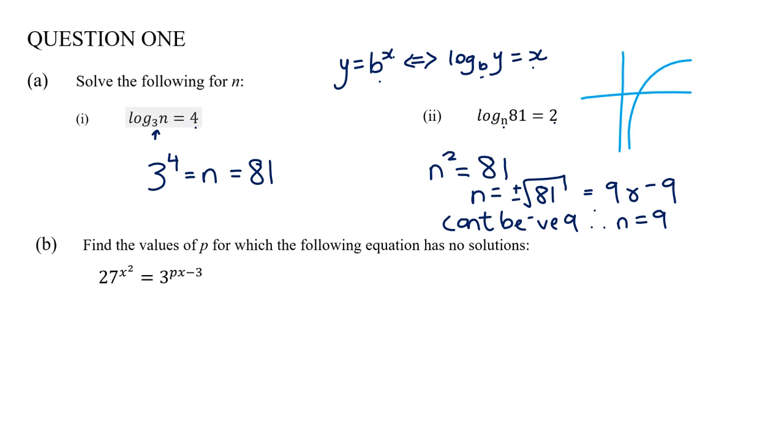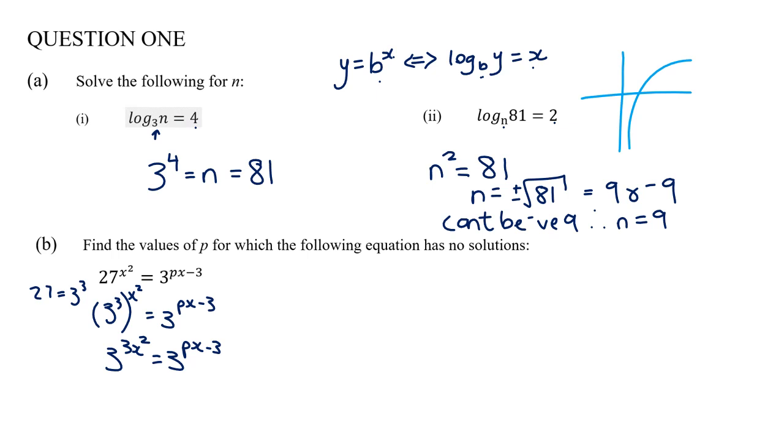But in reality, you should know that 27 is 3 to the power of 3. So that one there is actually 3 to the power of 3, lots of x squared, and that equals 3 to the power of px minus 3. Does that make sense?